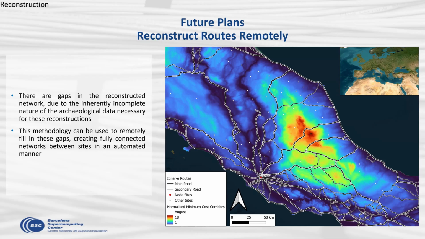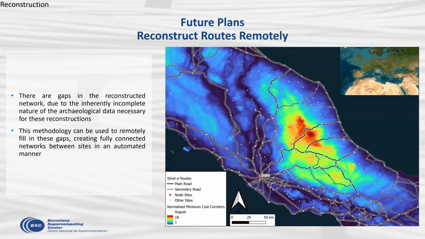There's some dead ends. There's a bunch of cities that aren't on the network at all. And that's the nature of this data. It's inherently incomplete. But using this method, we can start to connect them remotely and automatically, without us having to draw lines. You can see the dead end there, but already our corridors, you can see the route that goes through all these cities and links them up.